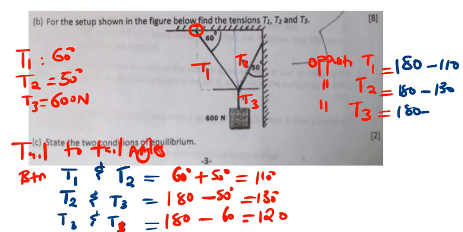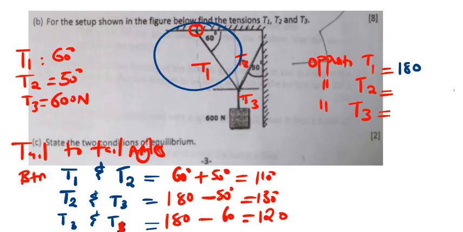Opposite to T1, what I wanted to say is opposite to T1 we have T2 and T3.